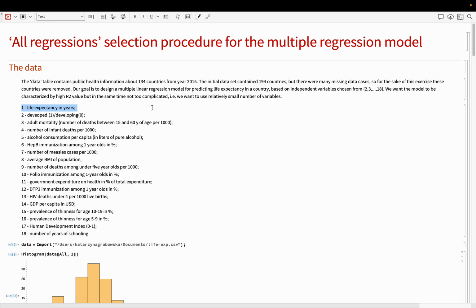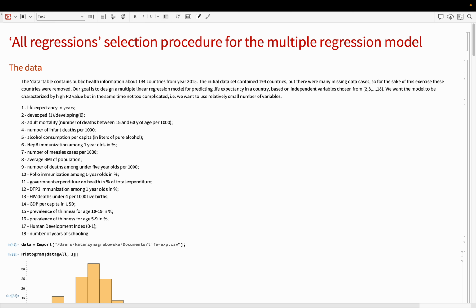We have 17 of them. This is a big number of variables. And the variables are the following. The variable number 2 distinguishes between developed and developing countries. Variable number 3 is about adult mortality.